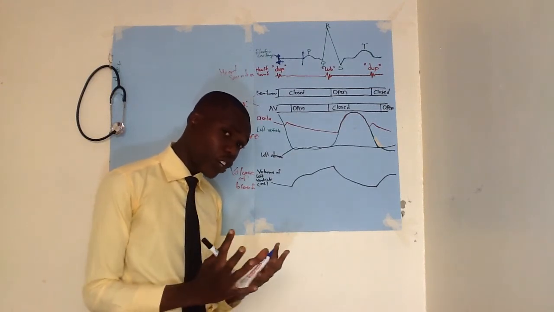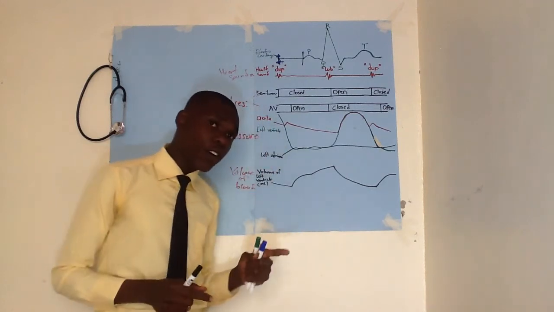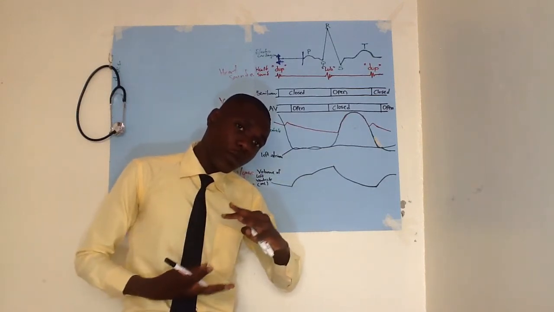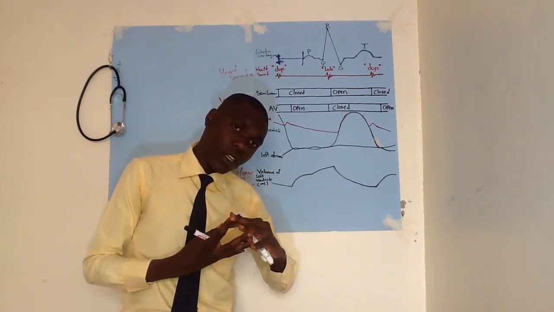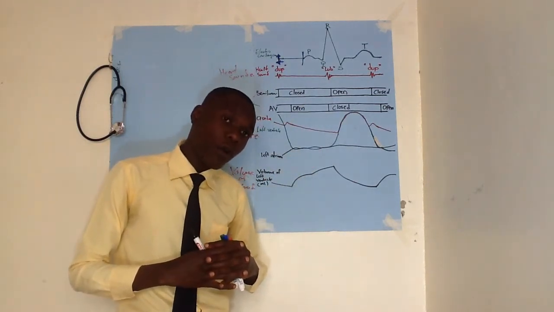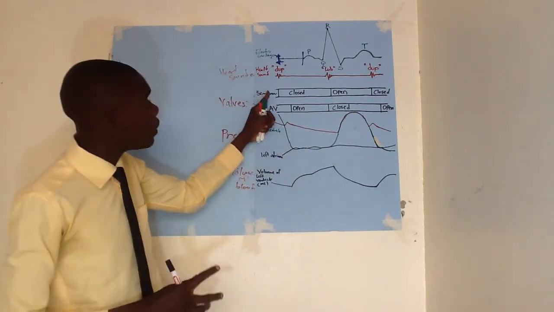During ventricular contraction, the atrioventricular valves, the valves between the atrium and the ventricles, are going to shut closed due to the increased pressure, creating that sound, loud. They are going to shut closed to prevent backflow of blood into the atrium, whereas the semilunar valves are going to be open.